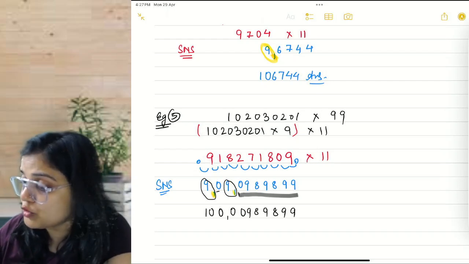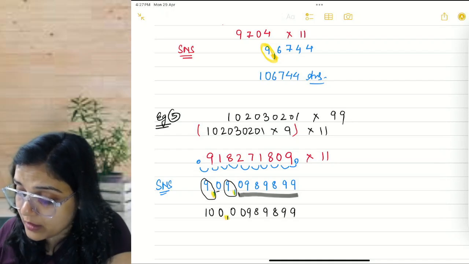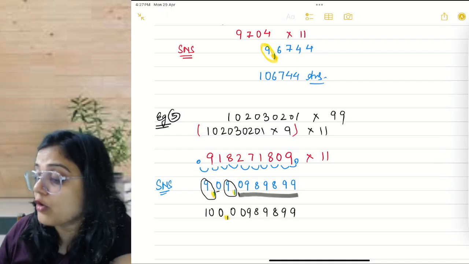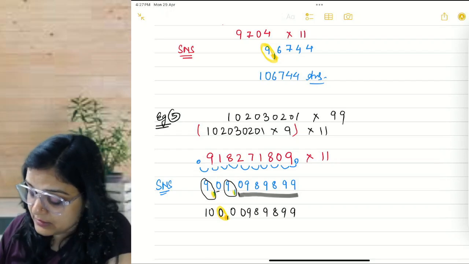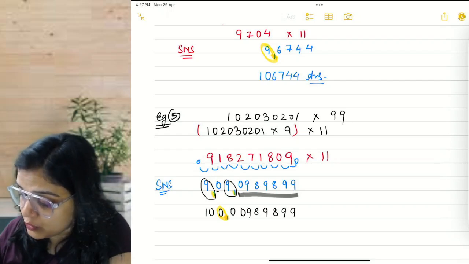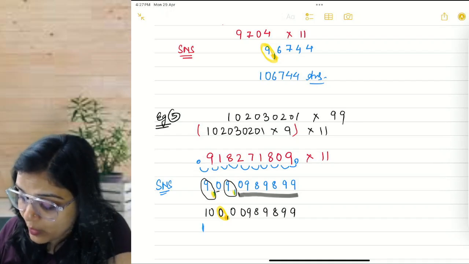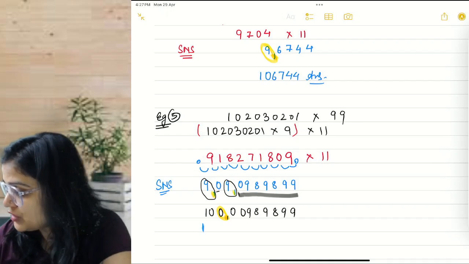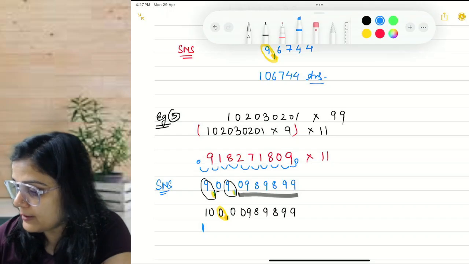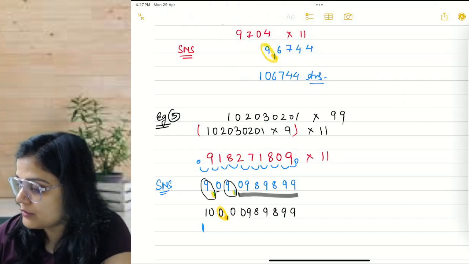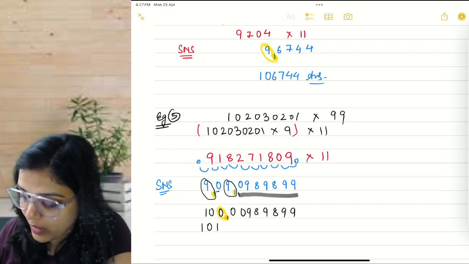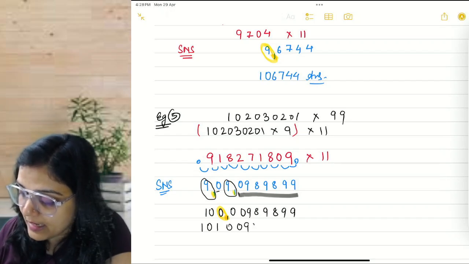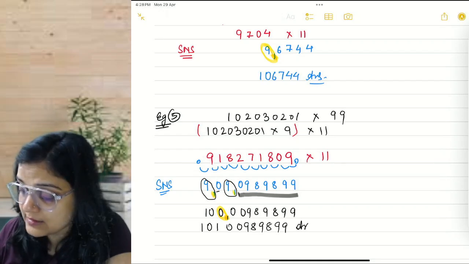Now it's up to you whether you want to balance this 1 in a single step, and if you are not able to, then you can do it in the second step like this. We have this 1 carry, so we are going to add this 1 and 0 now. So I have this 1 0 1 double 0 9 8 9 8 9 9 as my answer.